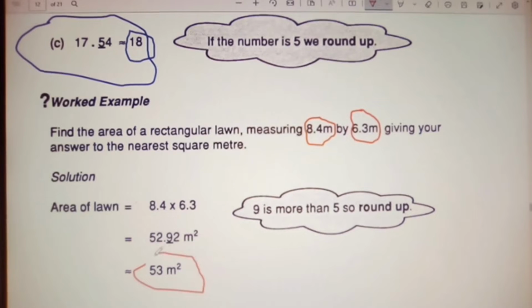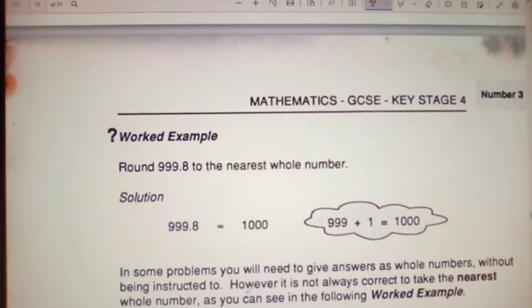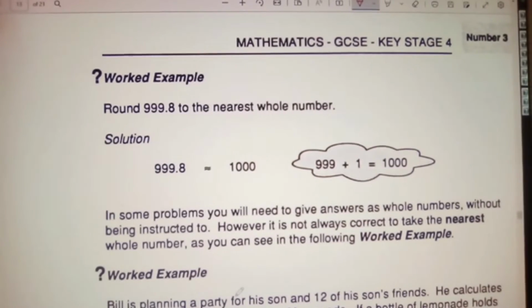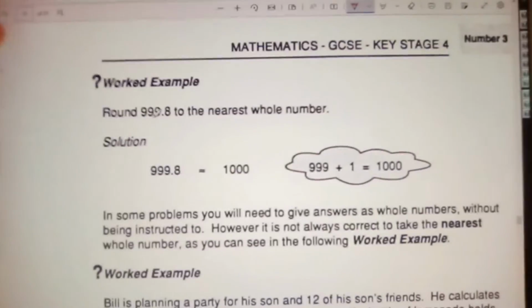Again, 53 square meters, so you're rounding up. Okay? And that would be your answer here. That would be correct. Now again, take the time out to do this for yourselves. Okay? And again here, to the nearest whole number, you would be rounding up.